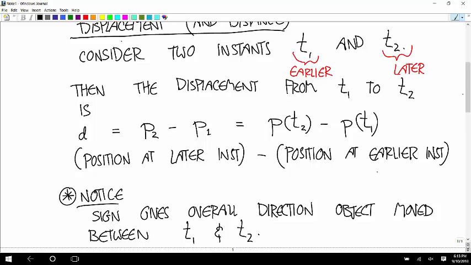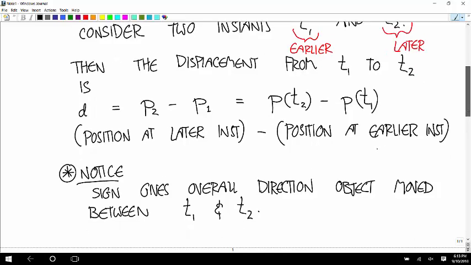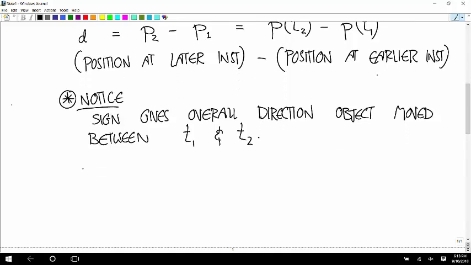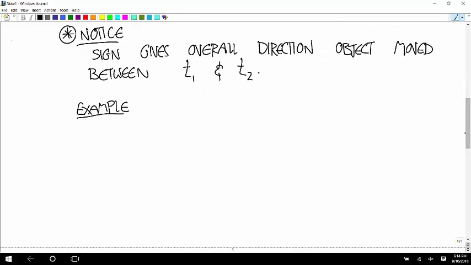Okay, the next thing I'm going to do is just do an example problem, and we're going to incorporate displacement into the calculation. Okay, so say we have a cliff with a little ledge there, another little ledge there, and then the water down here.